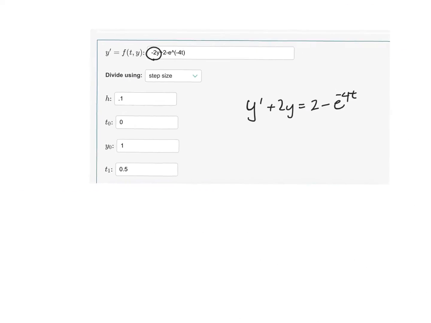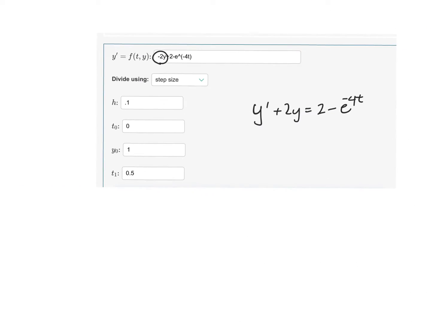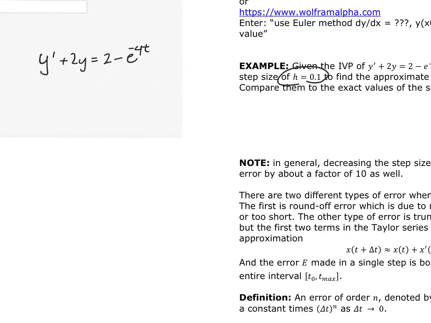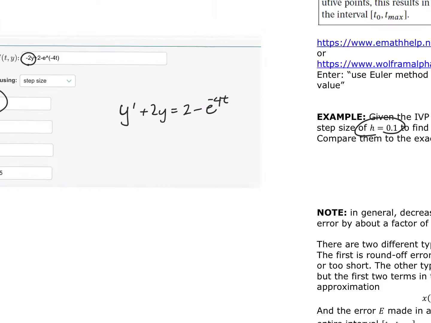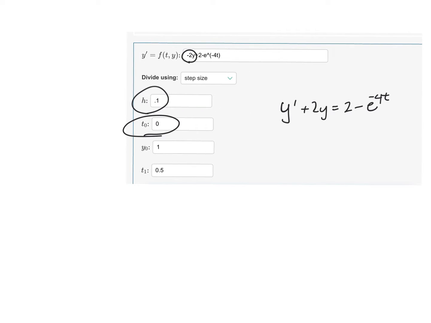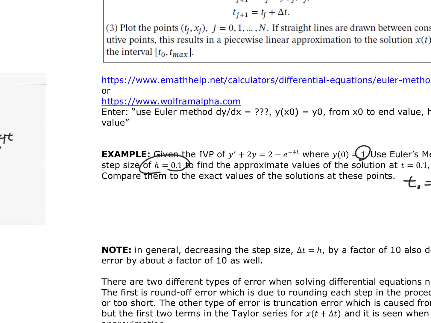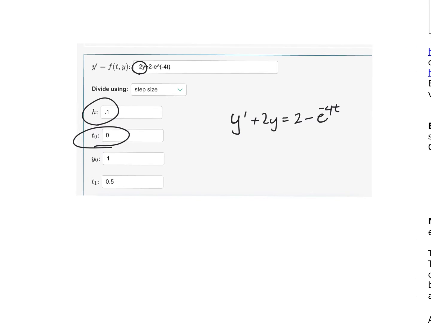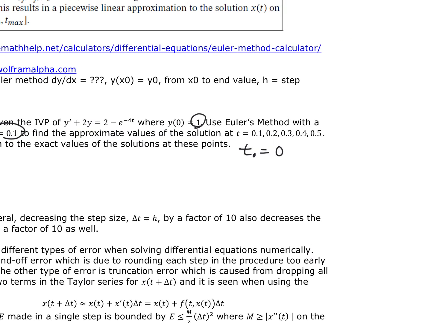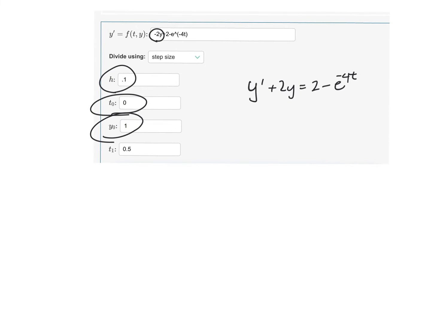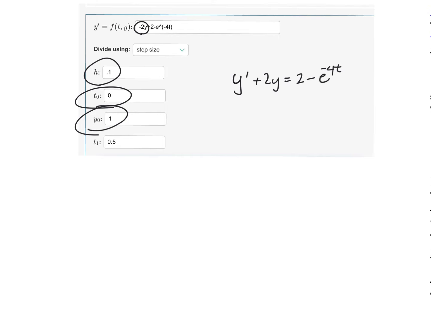My h was 0.1, so that's that piece of it. And we talked about how my t naught was 0, so that's that piece of it. My y naught, that's this piece. That's y naught is equal to 1. And then the t sub 1, where are we ending? Well, I'm ending right here. This is where I want to end. And so this is what I put into that calculator. Now I want to show you what came out as answers.